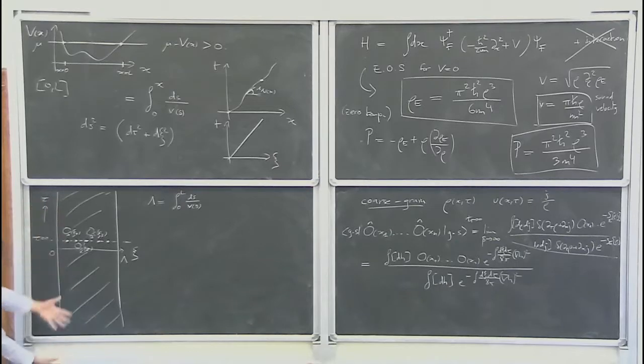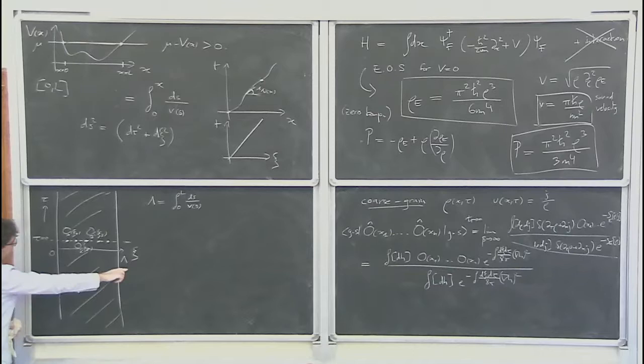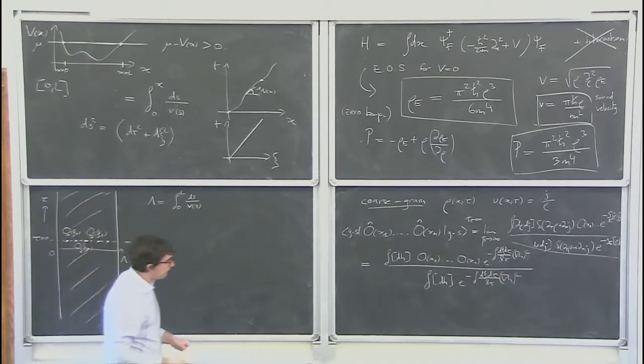If we were calculating things at finite temperature, then taking the trace in the path integral language would be like putting periodic boundary conditions in imaginary time. Since we are looking at zero temperature, the boundary conditions go to infinity. So the horizontal direction is space, and the vertical direction is imaginary time.